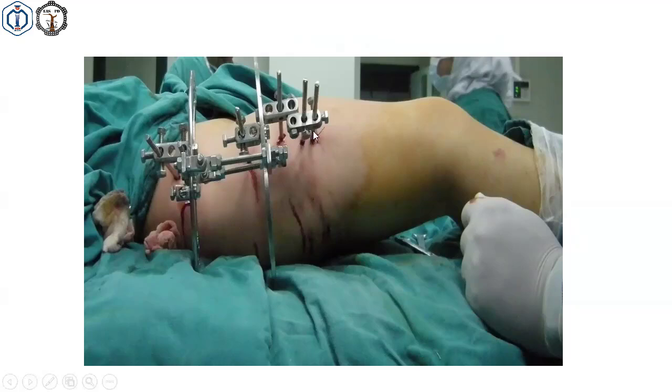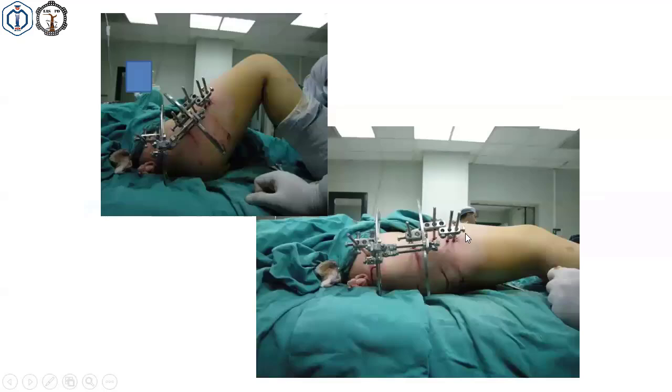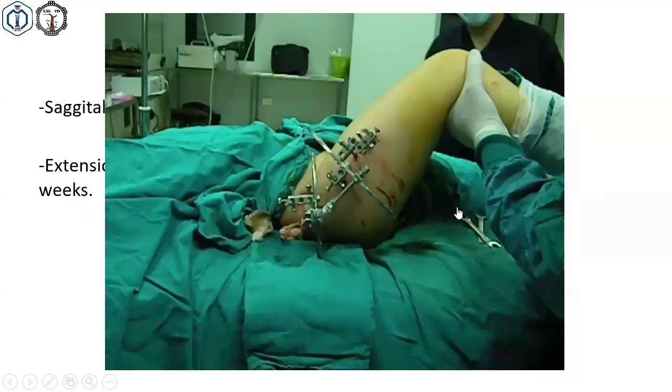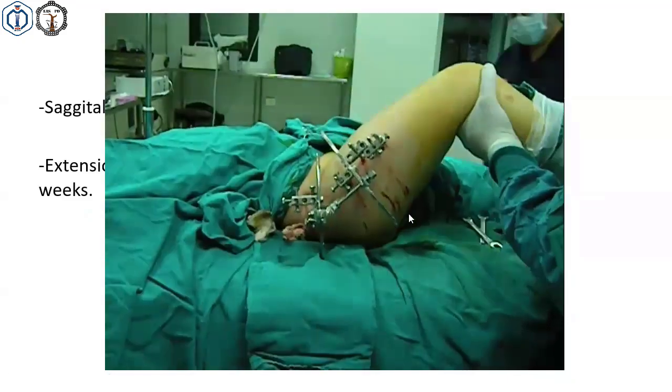We have the multi-axial Schanz pins, two and one here and another one here, proximal and distal to the femoral pins, and also three pins up, and all this constitutes the multi-axial, multi-level configuration of the Ilizarov apparatus with hinge. We find here how it has full flexion and full extension, as we'll see here.